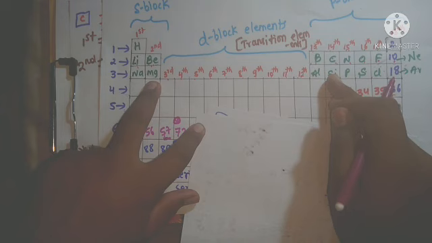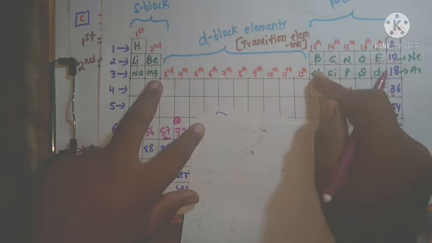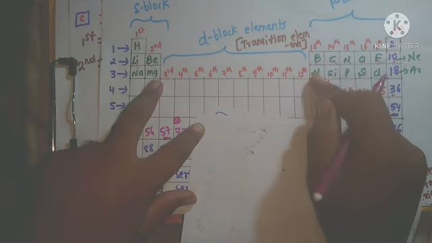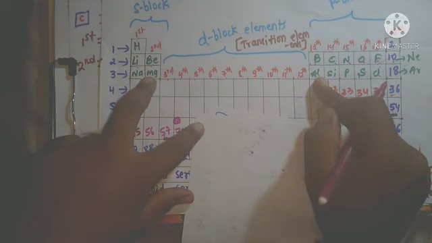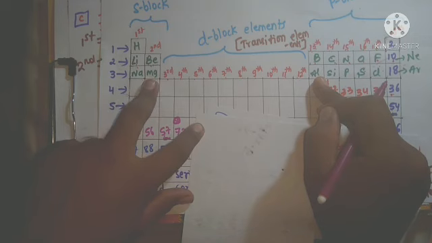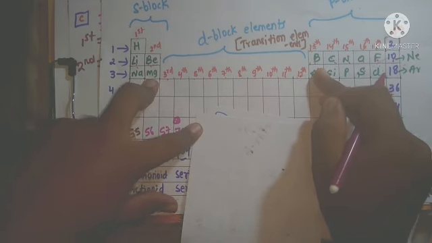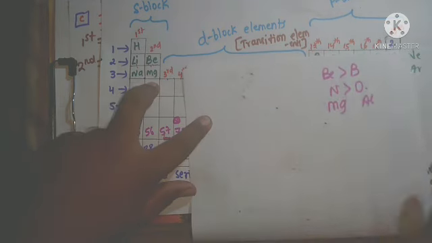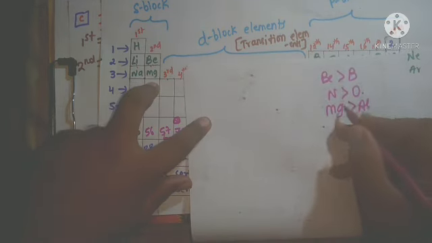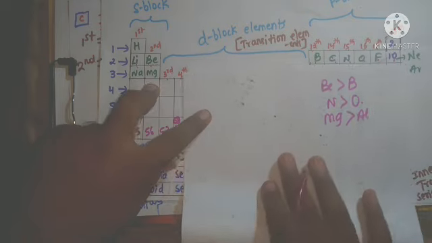Along the period, what happens to ionization enthalpy? It increases, meaning aluminum should have more ionization potential energy than the magnesium, but it is not happening. It will be reverse. Magnesium has more ionization potential than the aluminum because of completely fulfilled orbitals in the magnesium.